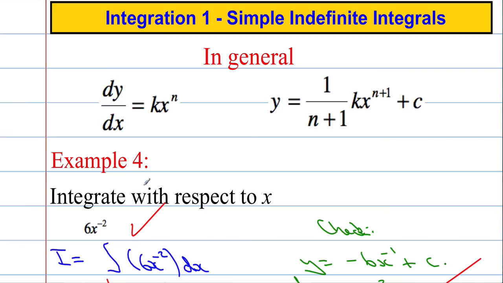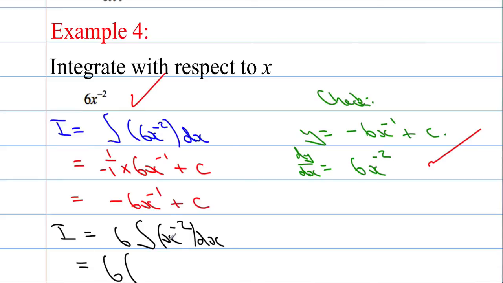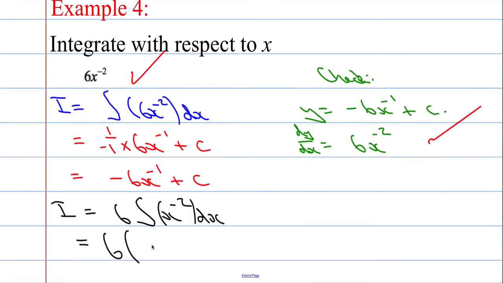And you might notice, we go back to this question here. Let's just do it slightly differently. So I could factor that 6 out, equals 6 times the integral of x to the negative 2 dx. So don't worry about the 6 yet. We're just going to worry about integrating x to the negative 2.